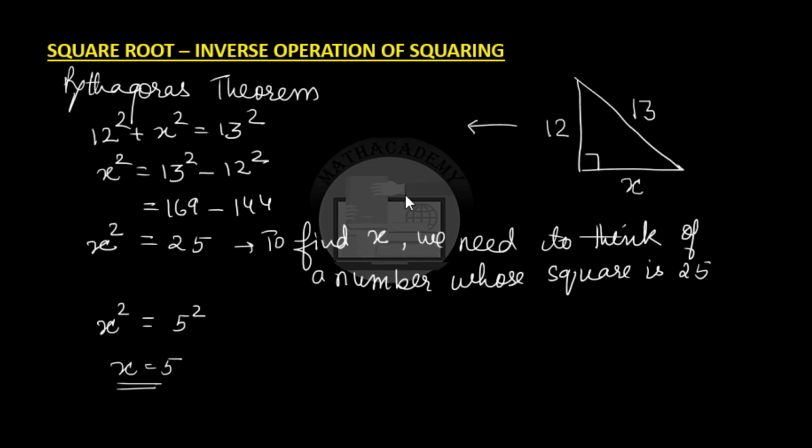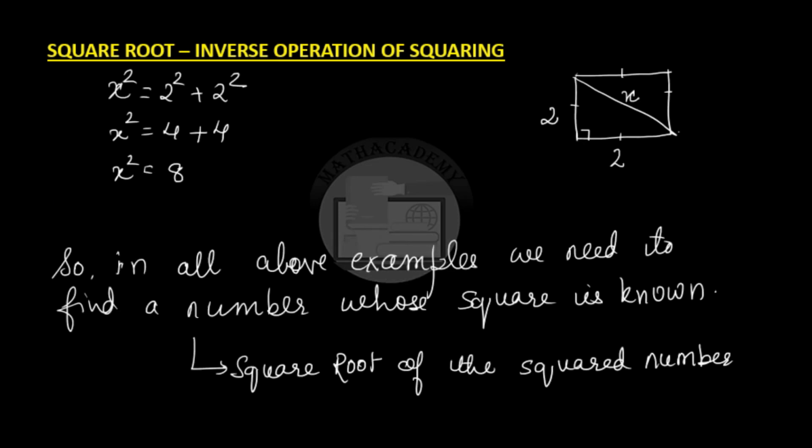In the previous example, we knew that the square of x is 25 and we had to find the actual number. That was unknown. So the process by which we find out the number whose square is known is nothing but finding the square root of that number.